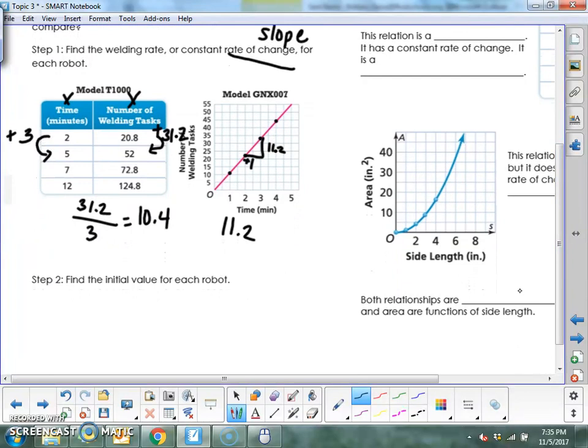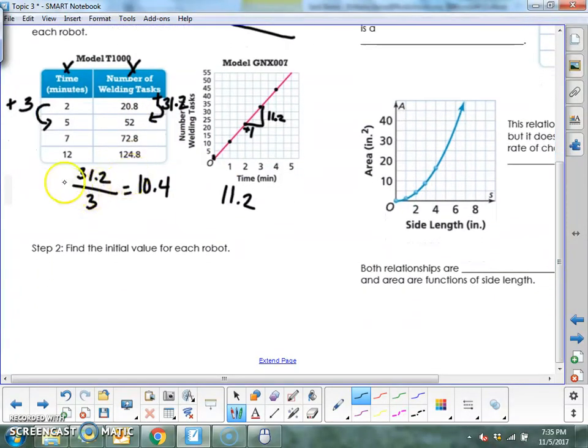Looking at the initial value for the graph, at 0, it made 0 robots. For the table, if you're trying to find the initial value in a table, you have to almost work backwards to get to your 0 for the X. So if I look at this table, we went 0, 1, 2.